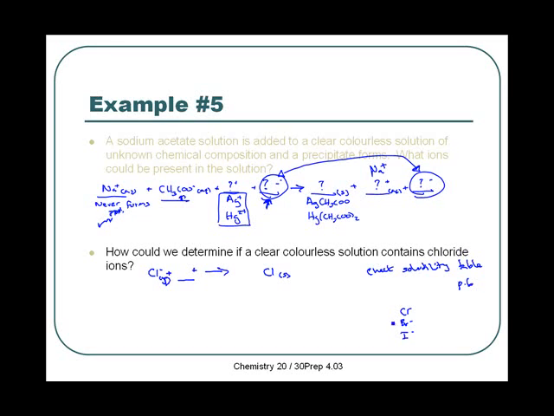And so any one of those things would do. So we could say, well, we want to add copper, and it's copper 1 plus ions, and that would give us copper chloride solid. So we could add copper ions.